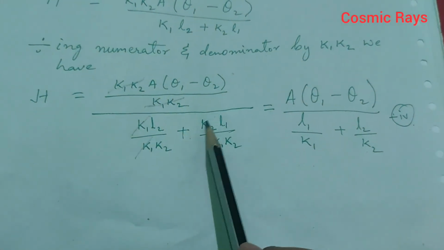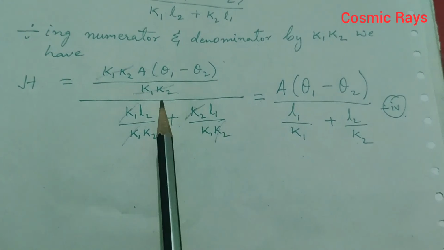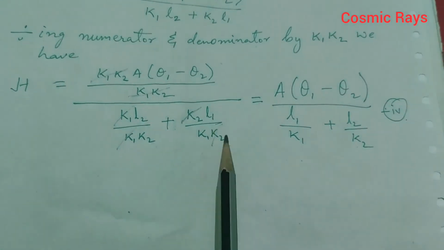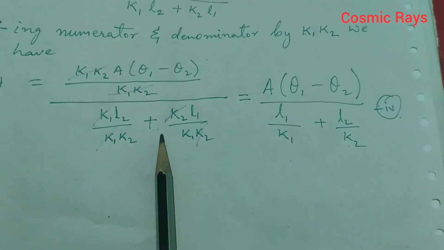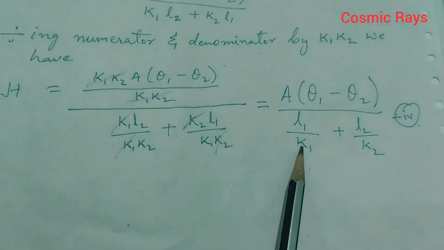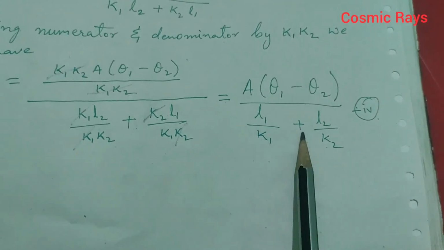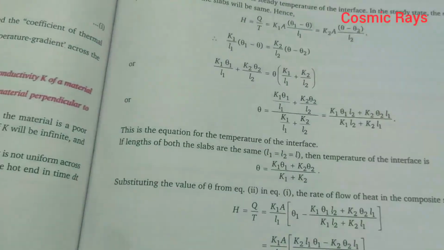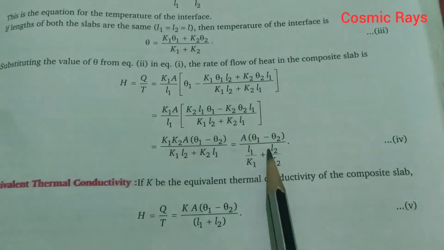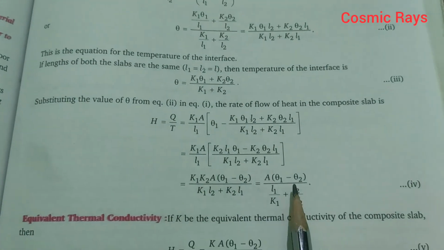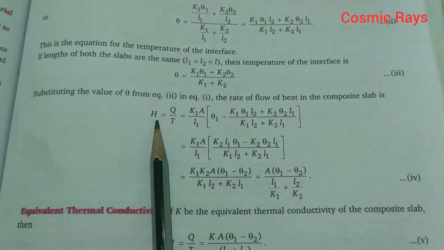In this portion K2 and K2 will cancel out. So we have L2 upon K2 plus L1 upon K1. So again, as A plus B is equal to B plus A, we are writing this term first. So it becomes L1 upon K1 plus L2 upon K2. This is equation 4 in your textbook. That is this equation. Now this is what we have found out, the value of heat transferred.